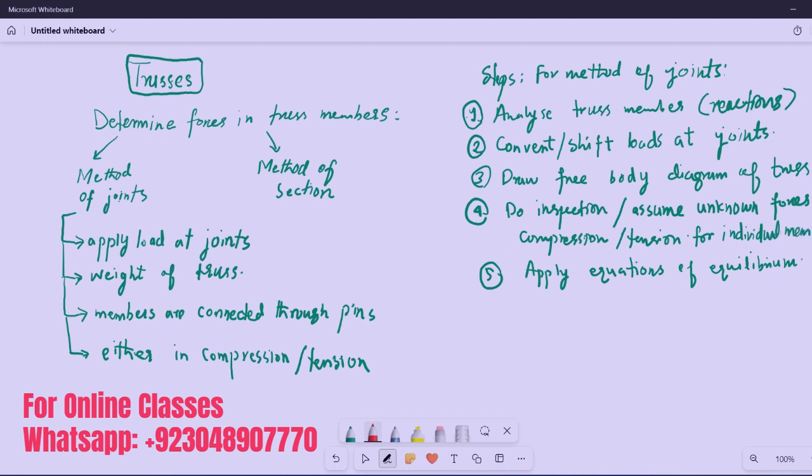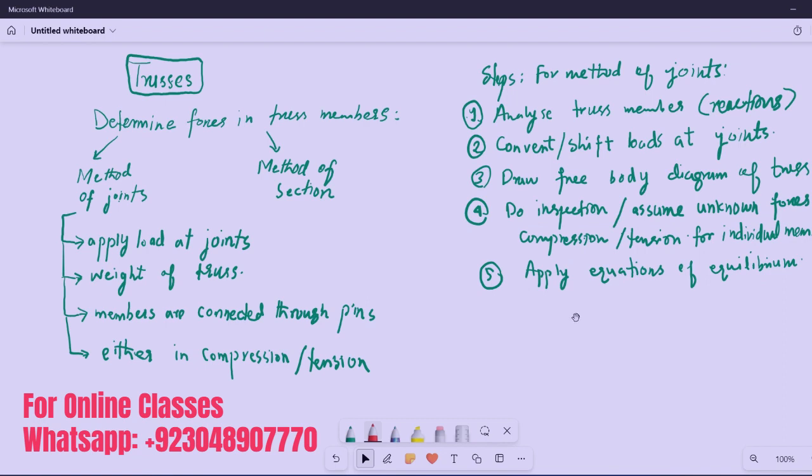Individual members. So once you have assumed and inspected the elements for unknown forces, or the direction of the forces, you inspect the individual members and then apply the equations of equilibrium.